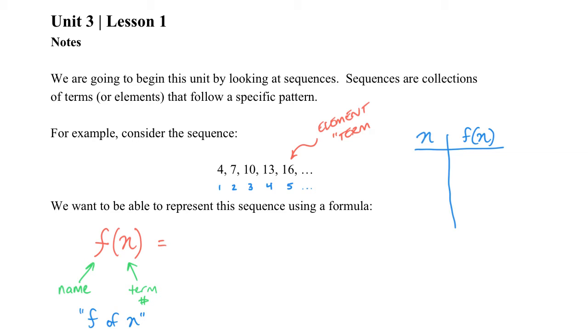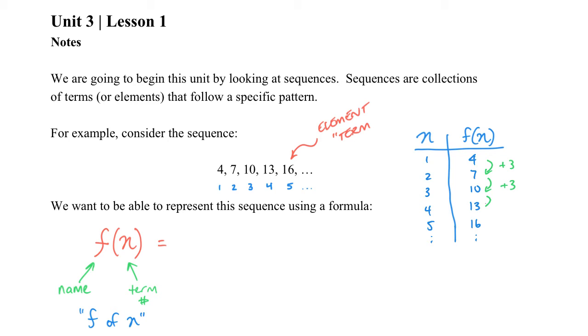Okay, so let's copy down what we know about this sequence. We have n values 1, 2, 3, 4, 5. Those are our term numbers. And then the outputs for those were 4, 7, 10, 13, 16, and then it's so on and so forth. Now, most of you could look at this and go, oh, this is a +3 pattern.